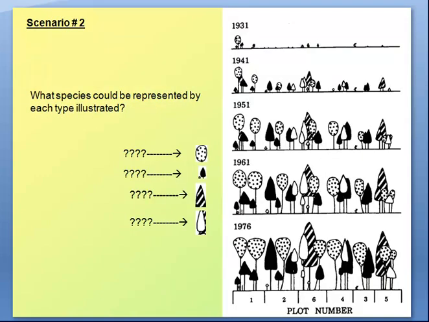For scenario number 2 here, what species is represented by each type of tree? We've done this in the lecture series, and I'm going to let you think about that. Again, the hint is tolerance, so look at what trees are located in the understory and address this question.